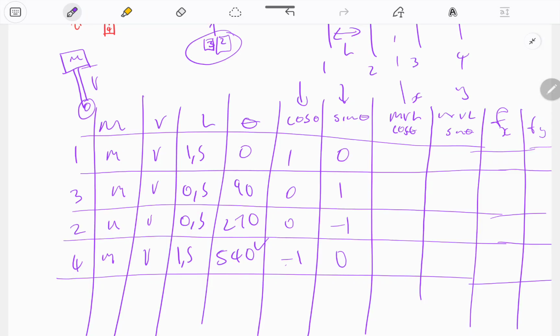Now, MRL is just there like that. Let me start with force, to make it easy. So the one with cos, that just means I'm focused on this column here. For this guy, which one has 0? From cos, this guy is 0, that means you'll have a 0 again.